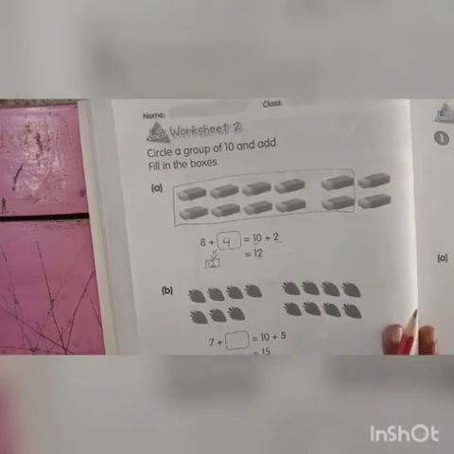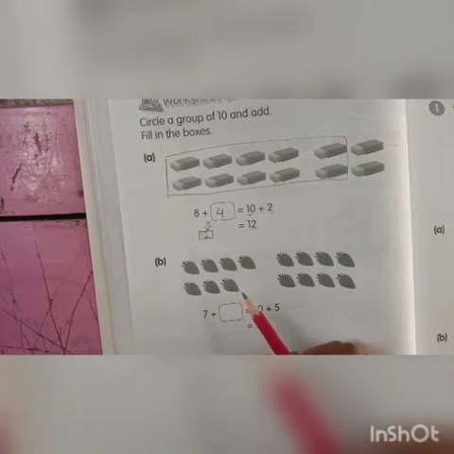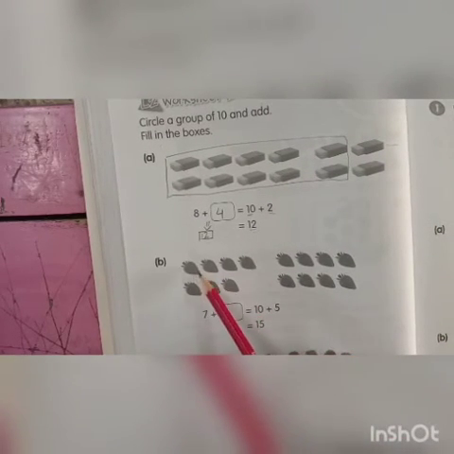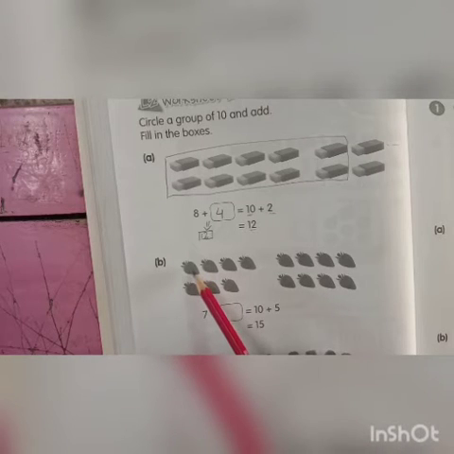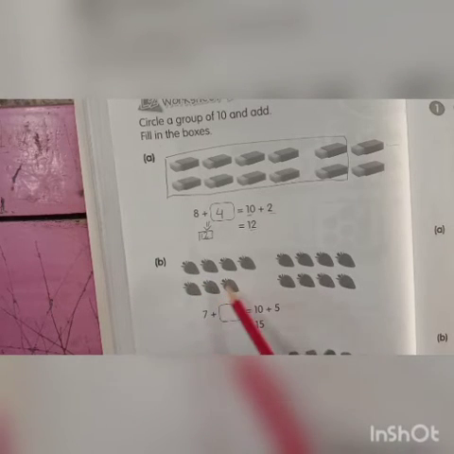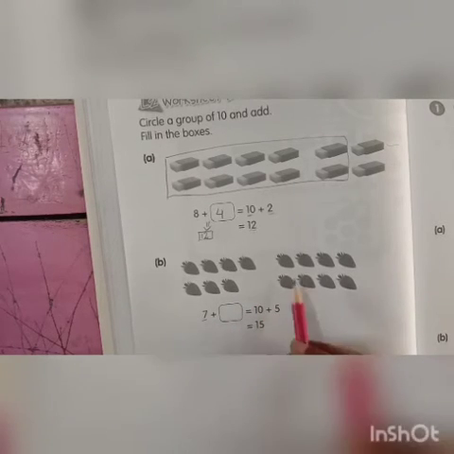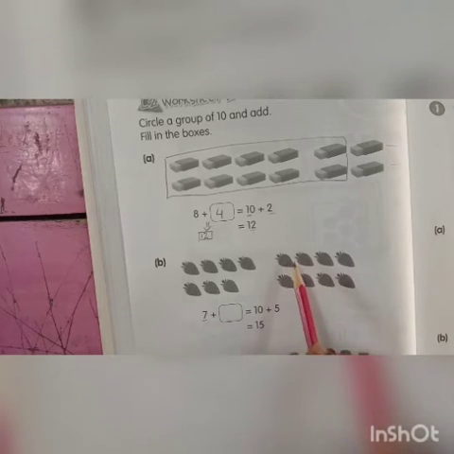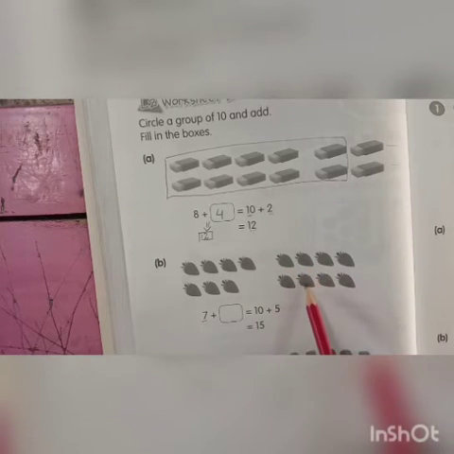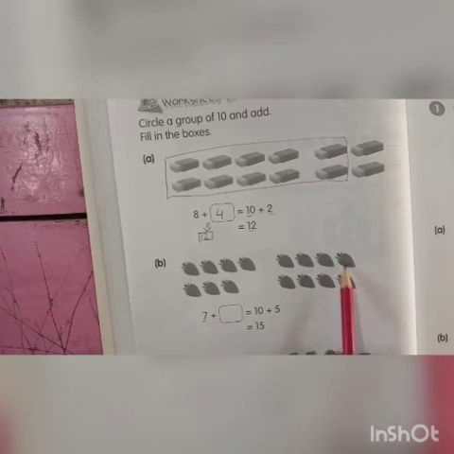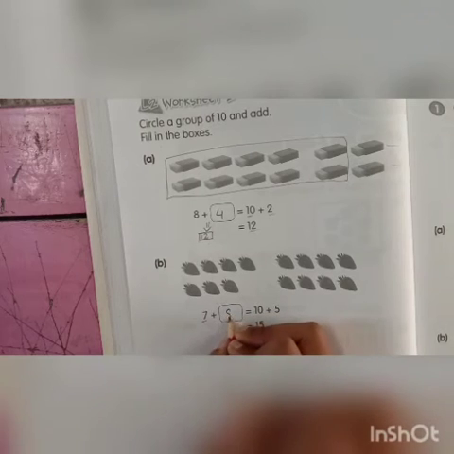Similarly, in the B part, there are strawberries. How many strawberries are in the left part? 1, 2, 3, 4, 5, 6, 7. 7 strawberries, as already written. In the right part, there are 1, 2, 3, 4, 5, 6, 7, 8. These are 8 strawberries.